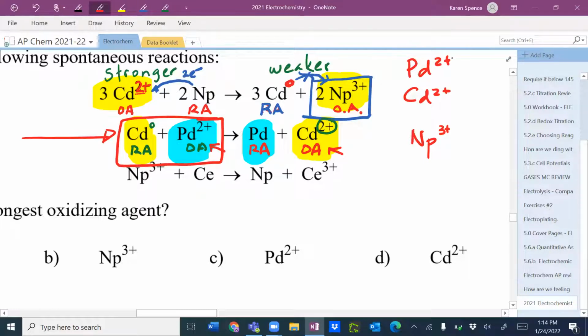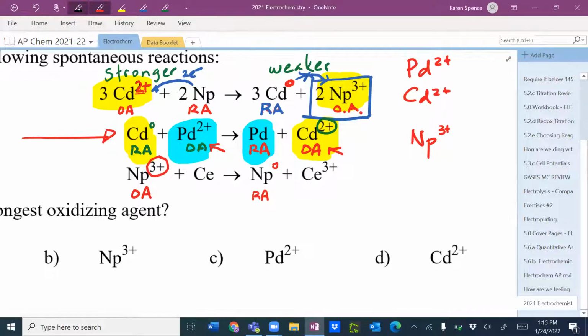And now finally, in our last one, NP goes from 3+ to 0. So it has been reduced. So that would be our oxidizing agent. And because it was the oxidizing agent on the other side, the NP0 is going to be the reducing agent. We also have, if this is our oxidizing agent, the CE has to be the reducing agent.